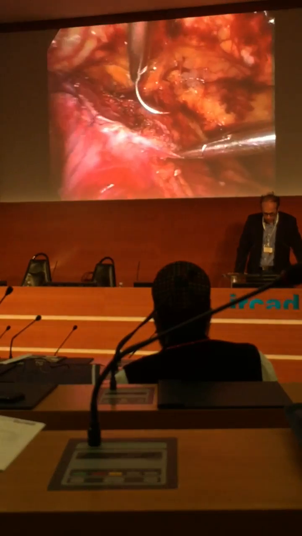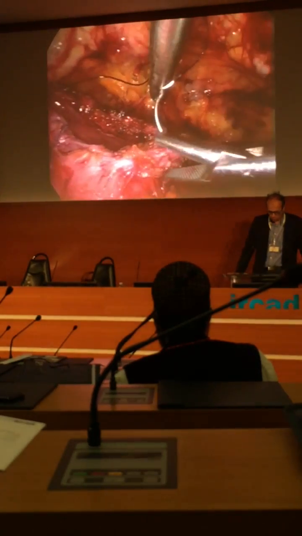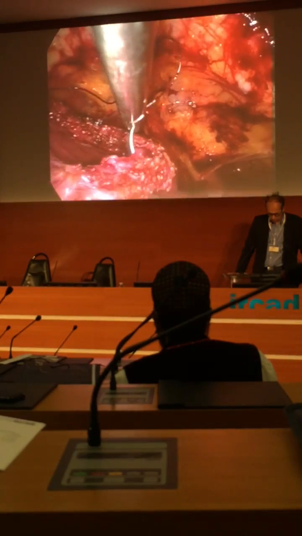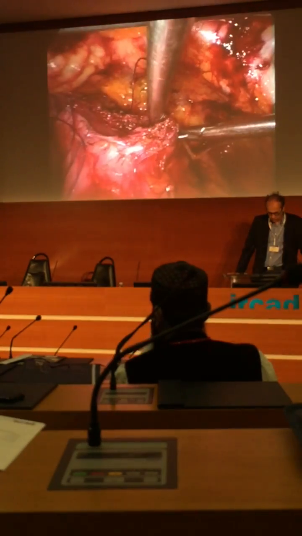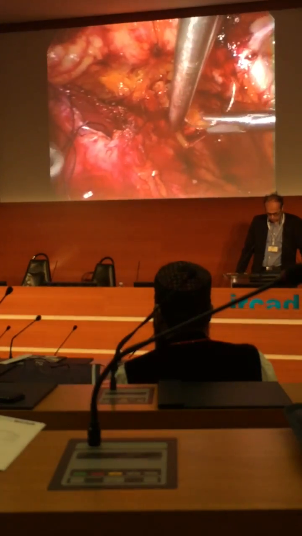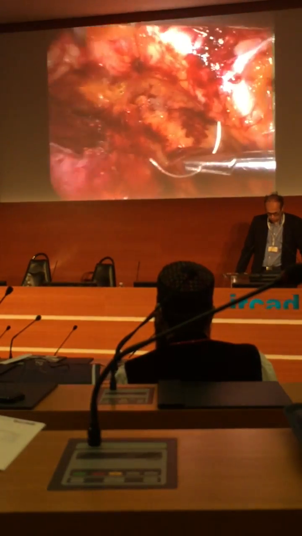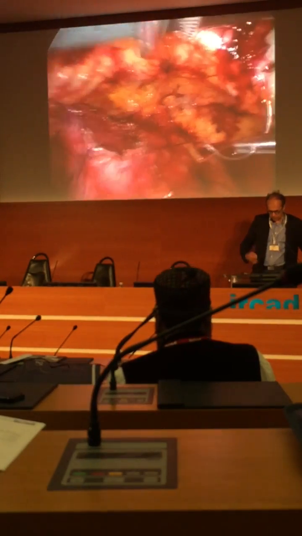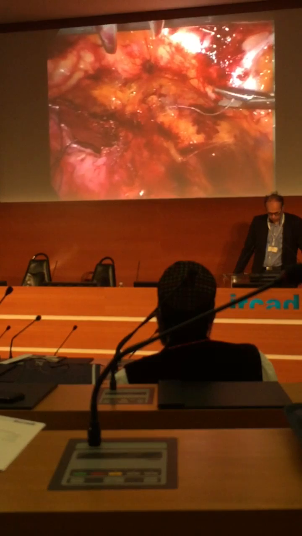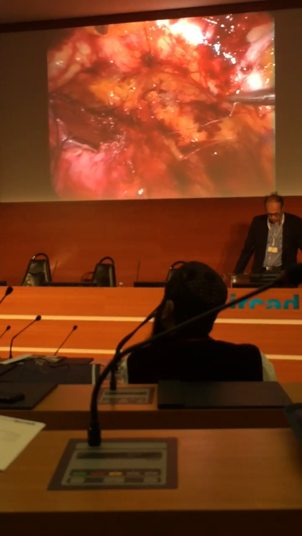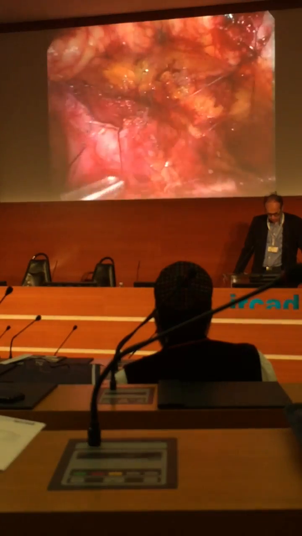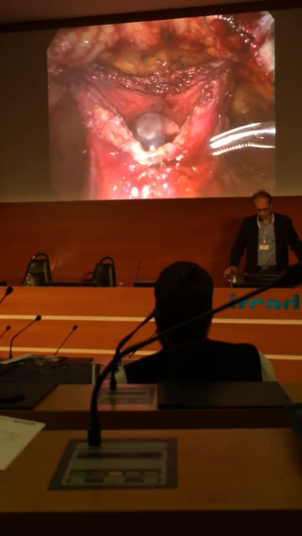We will fix the lateral part of the bladder wall on the muscle of the abdominal cavity. There are some specific devices that can be used, percutaneous devices that you can use to help you to fix this lateral part of the bladder, so that the bladder will remain open like this.